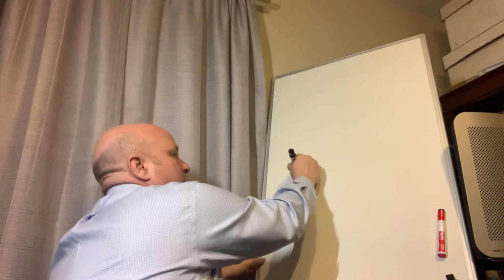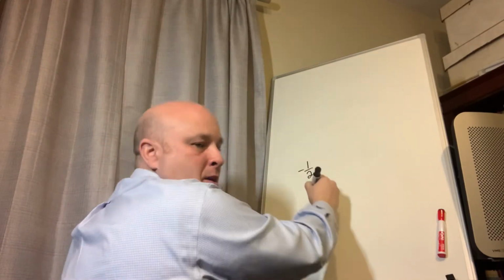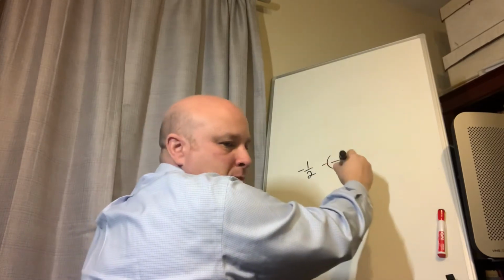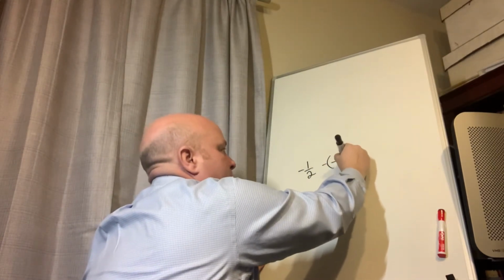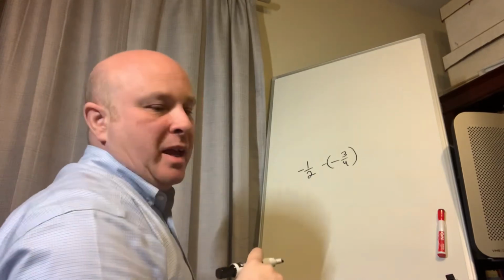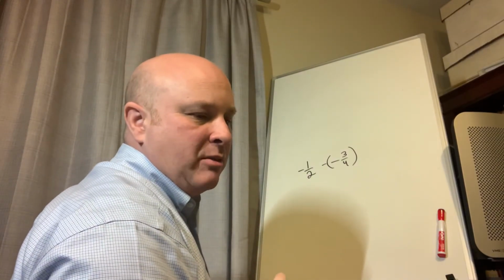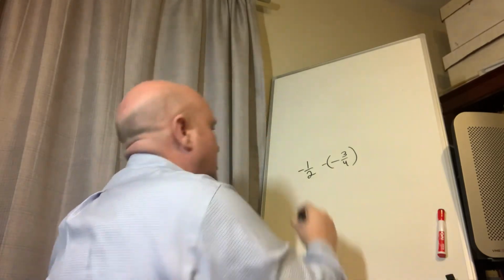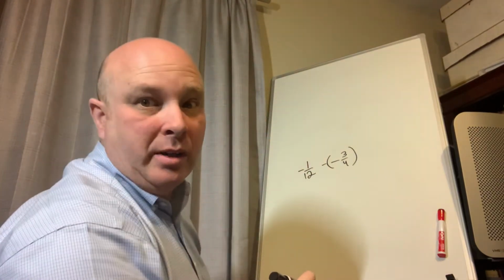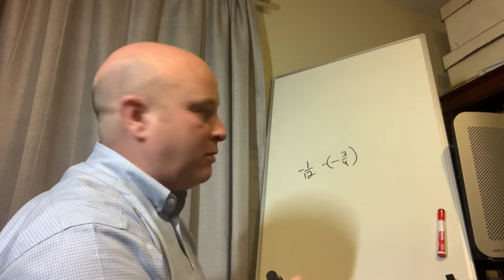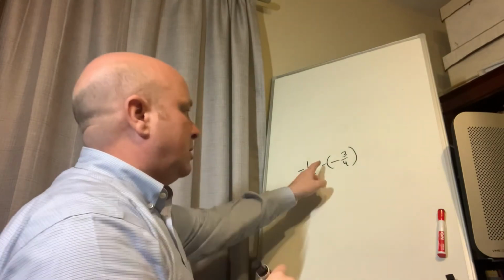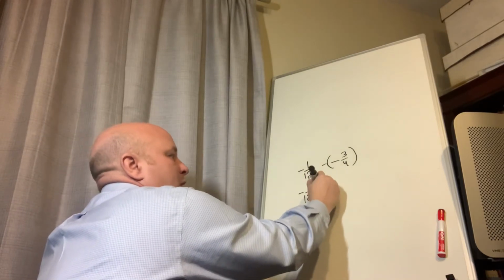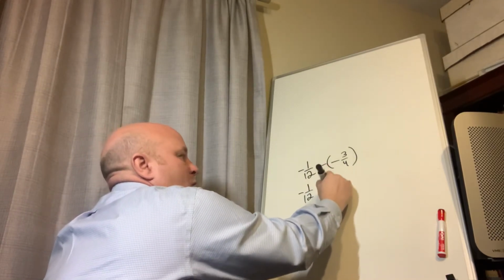Negative 1/12 minus negative 3/4. Okay, negative 1/2 minus negative 3/4. Obviously, did I say 1/2? This should be 1/12. Sorry, negative 1/12 minus negative 3/4. The two negatives make a positive, so this is the same thing as negative 1 over 12 plus 3 over 4.